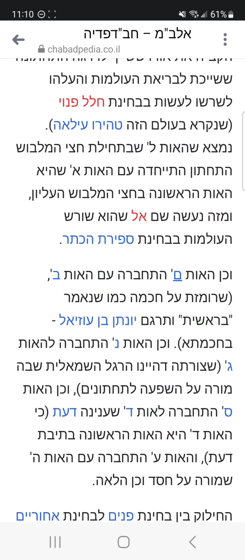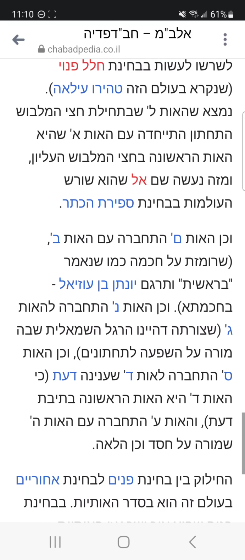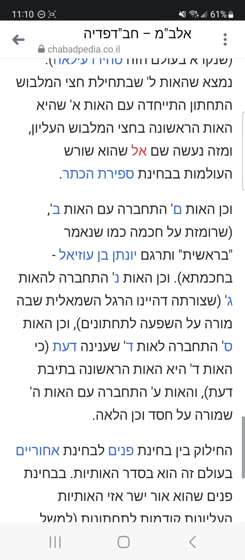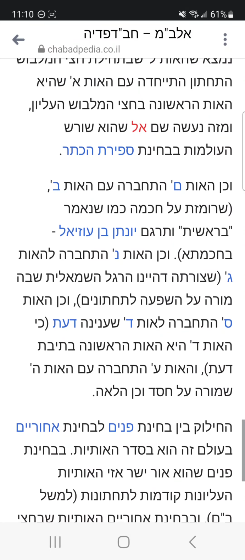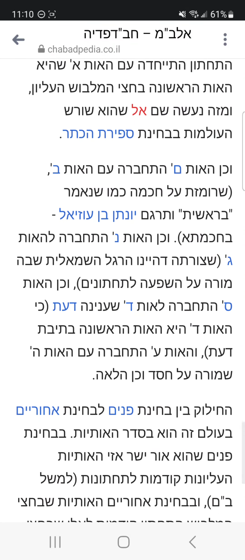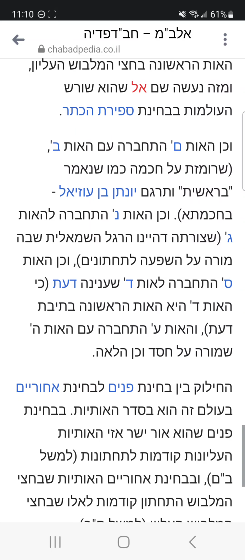So it comes out that the letter Lamed, which is the beginning of the half of the lower clothing, is unified with the letter Aleph, which is the first letter of the half of the upper clothing.